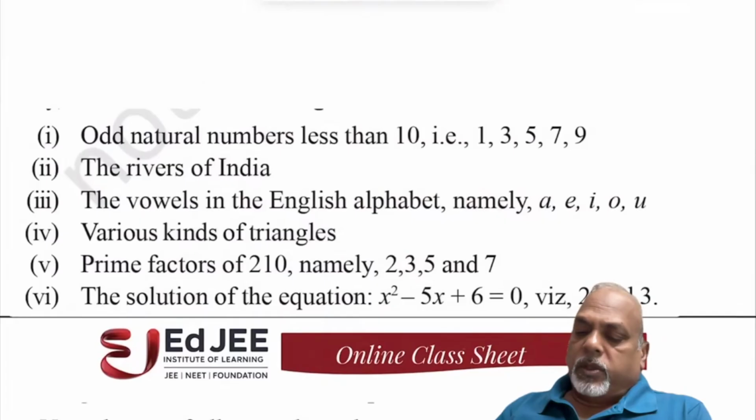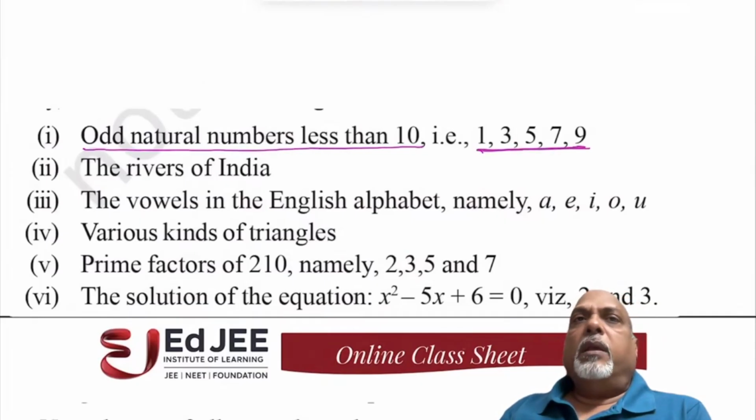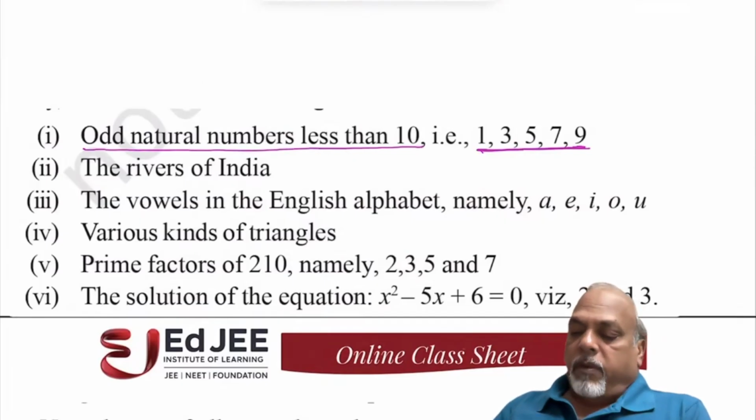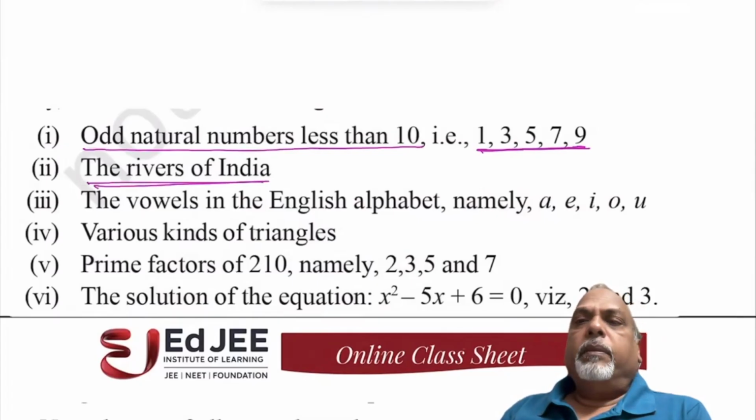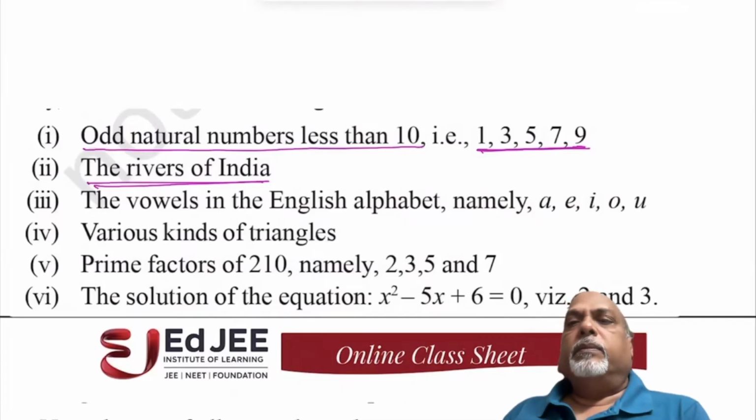let us examine this: odd natural numbers less than 10. That is this thing. This is also a set. Rivers of India. There will be a finite number of rivers in India. This can be a set. The rivers in other countries are different from India, of course.